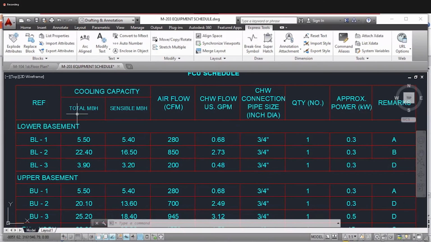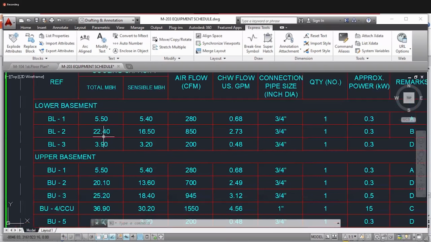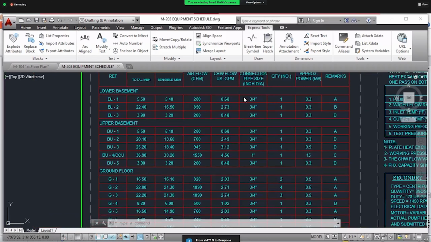We have calculated TMBH, in kilowatts and in MBH. This is the coil load, which we have to consider for getting the GPM. Note that it is Fahrenheit, not degrees Celsius.